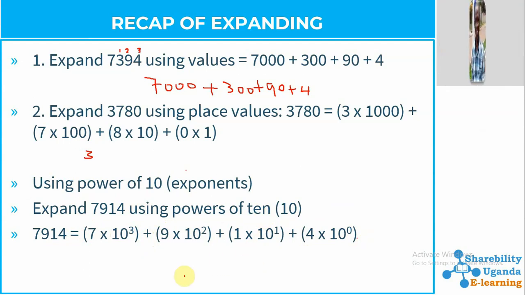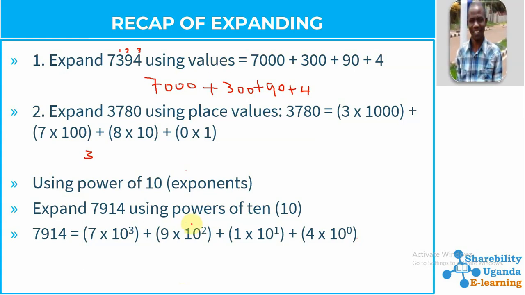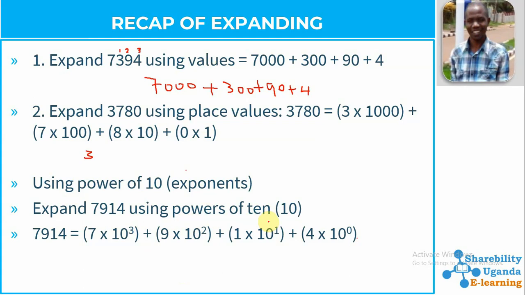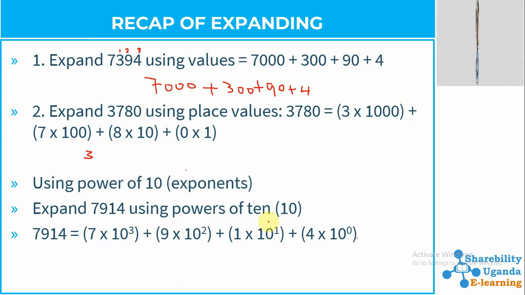So in finding place values, finding the values, and also exponentials, that's how we can solve these numbers and come up with what is exactly required, especially when you have been asked.